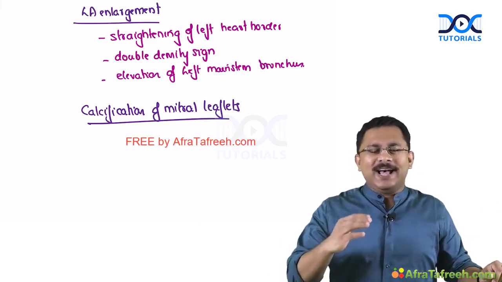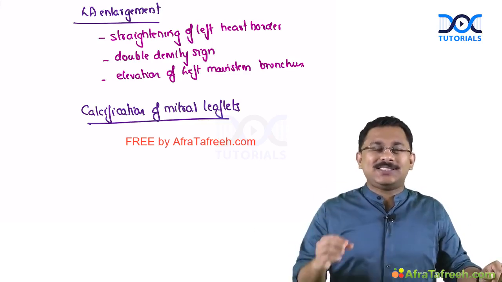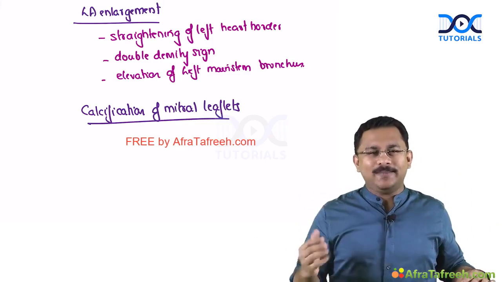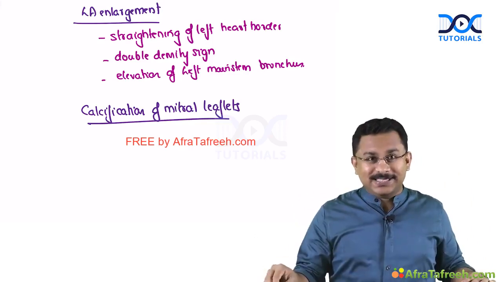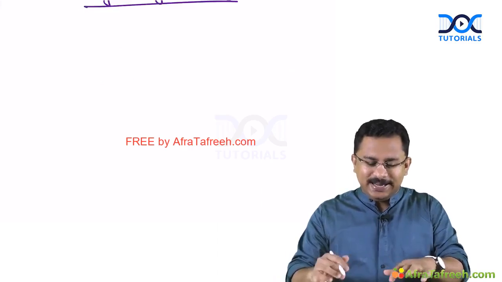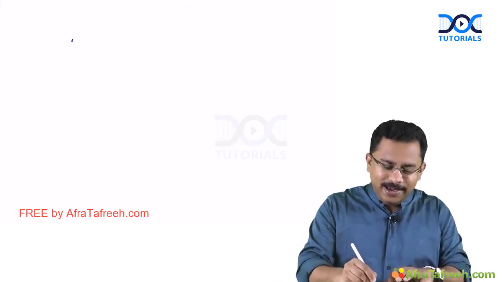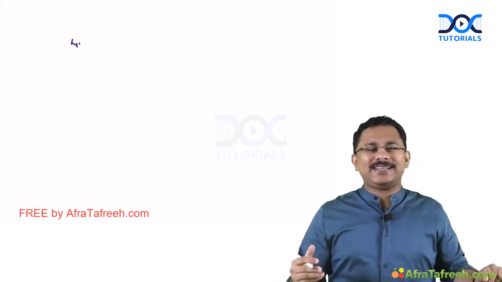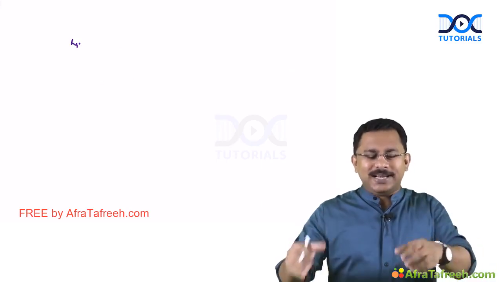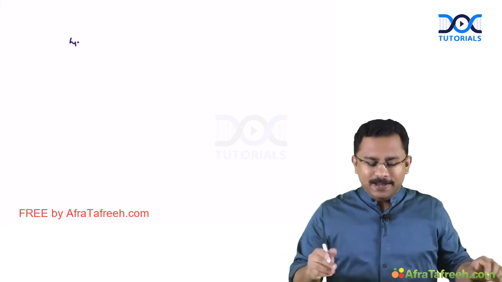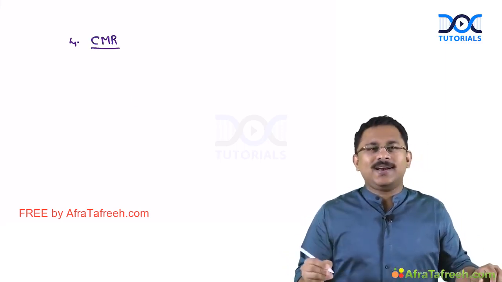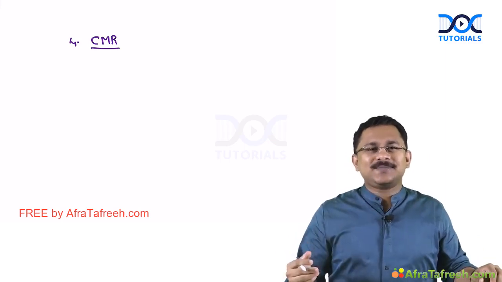And this commonly happens in patients with long-standing, often a combined rheumatic MR and MS, where you might get this calcification. So that also may be seen, that is the chest X-ray findings. And yes, you may also have other X-ray findings of say a pulmonary edema as and when the patient develops the manifestation.